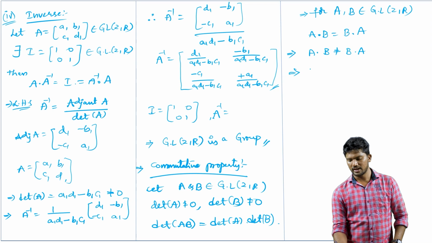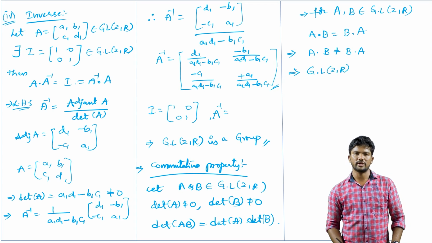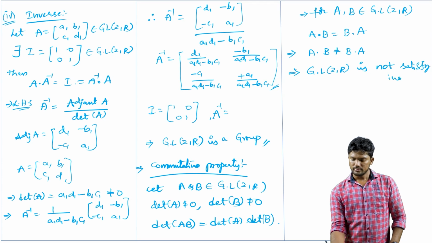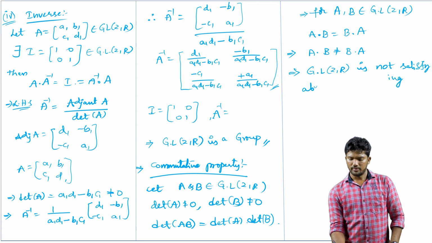That's why we call it the general linear group of 2 by 2 matrices over real numbers, which does not satisfy the abelian group property.